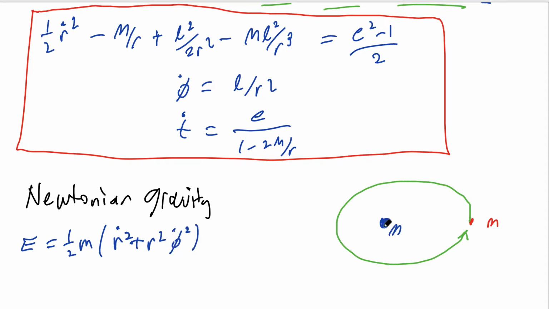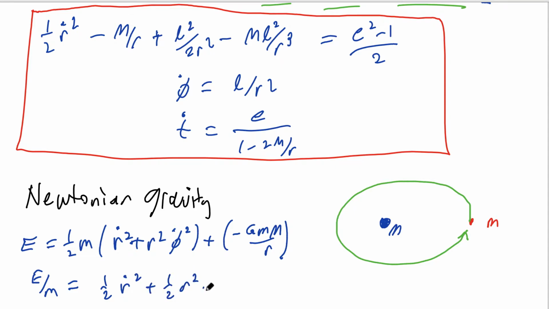So notice here I'm using polar coordinates in the plane, r and phi. So this is the kinetic energy, and then the potential energy is just the Newtonian potential minus G little m big M over r. And we can multiply through by 1 over m. So we can write this as E over little m equals 1/2 r dot squared plus 1/2 r squared phi dot squared minus G big M over r.